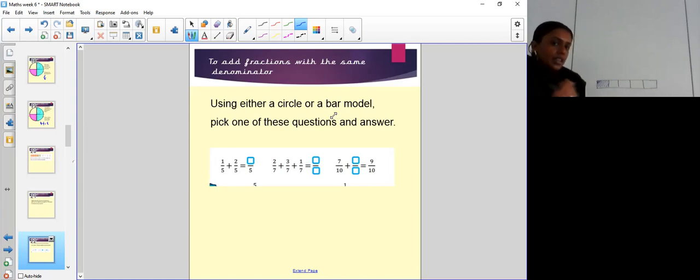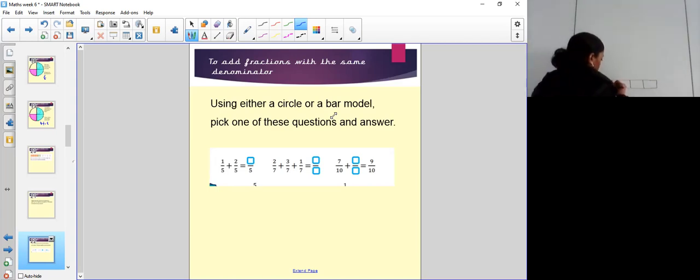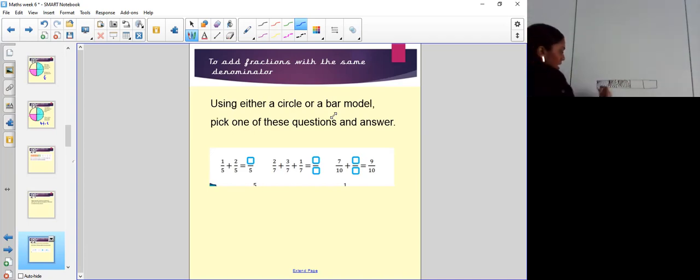And my other fifth is going to be 2/5. So I'm going to shade that in black. So now what I'm going to be adding is 1/5 add 2/5. So let's find out the answer. 1, 2, 3. 3/5. So my answer is going to be 3/5.